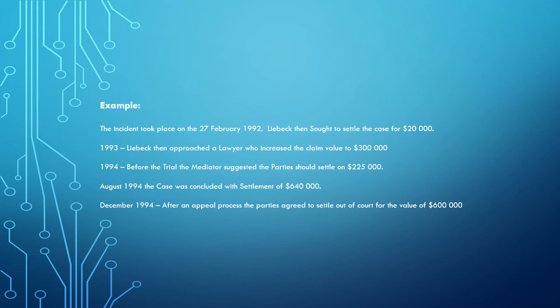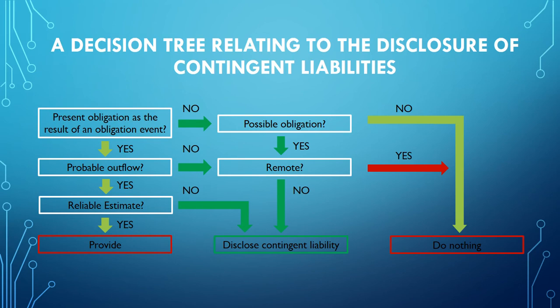This is interesting. So they went from 640 in August to 600,000, and let's look at our decision tree to understand how to treat this. So let's start off with the 20,000 in 1992. Is there a present obligation of a past event? No, not really. McDonald's doesn't believe that. They believe it might be a possible obligation, so they're saying, we'll pay you 300 Rand. Is the potential of paying that 300 Rand out? Yeah, it exists.